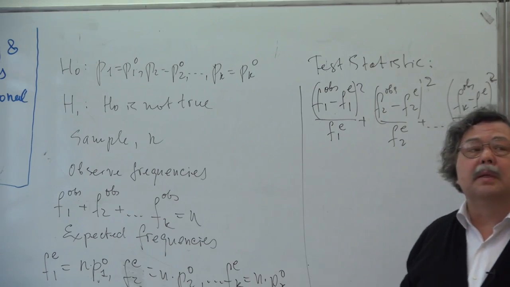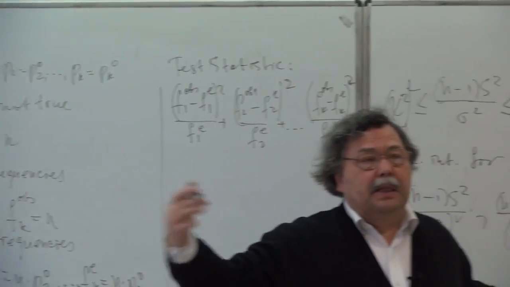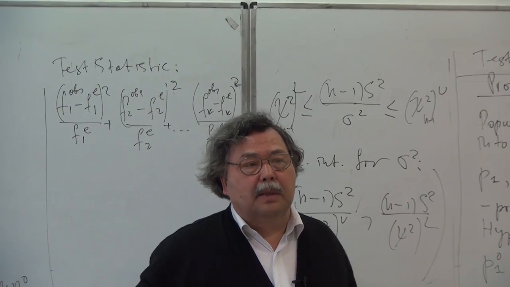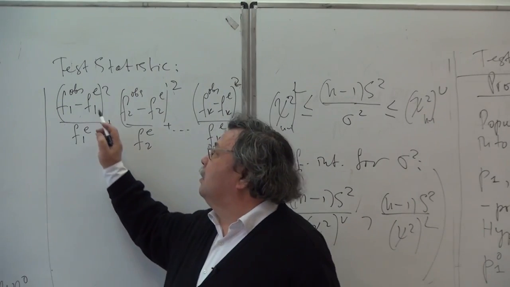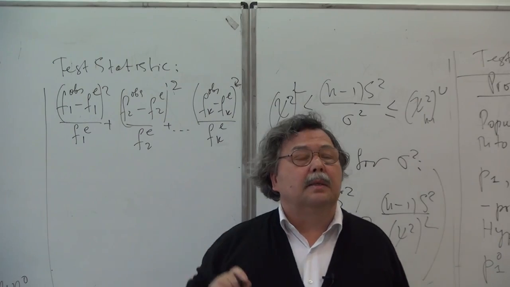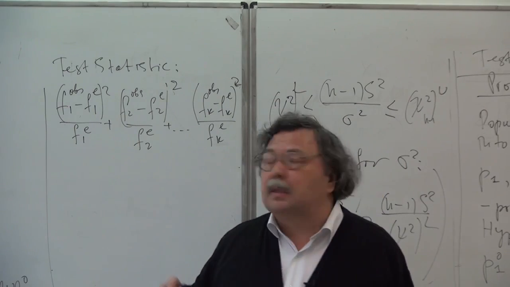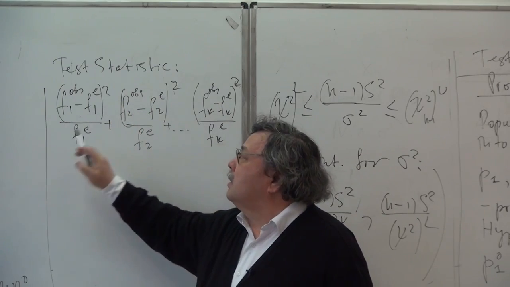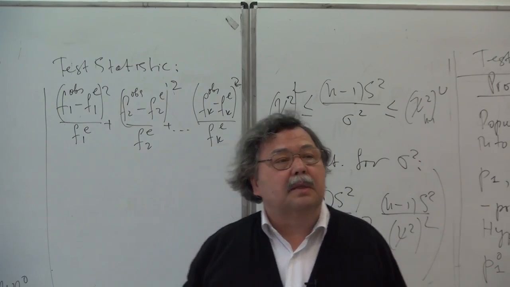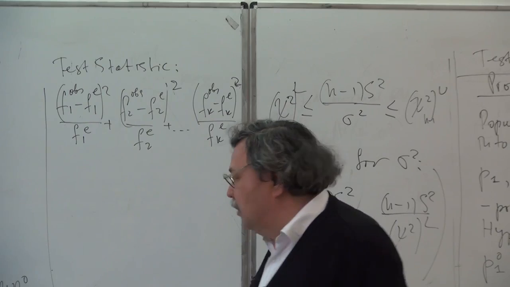So for each category we compute the squared deviation of the observed frequency from the expected frequency. Notice these squares, and we divide by expected frequencies, not squared.